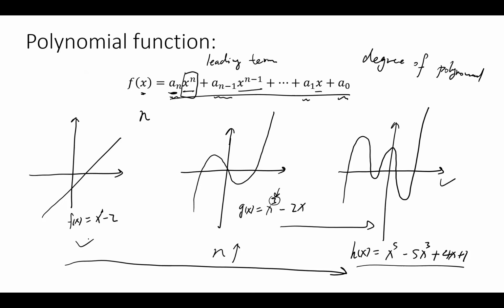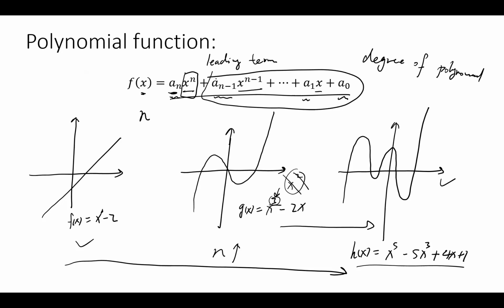Another thing to note is that we do not need all the terms to be present in the polynomial function. In this case, we have the degree of 3, and the term to the power of 2 is actually missing. So all these terms are optional.